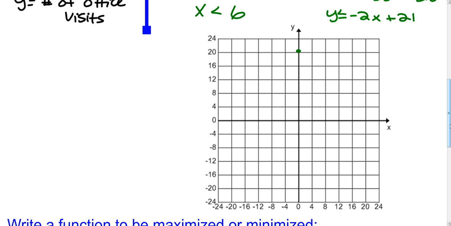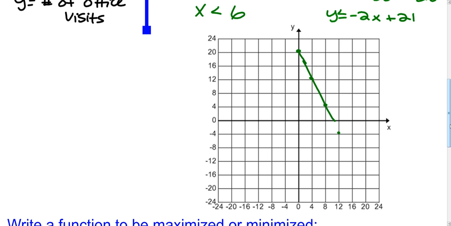So I am going to go down 2 boxes and right 1, and down 2 and right 1, and down 2 and right 1, and I would connect these. Now I don't need to connect anything beyond the first quadrant because that doesn't matter. So I'm going to go from there down to here, okay?